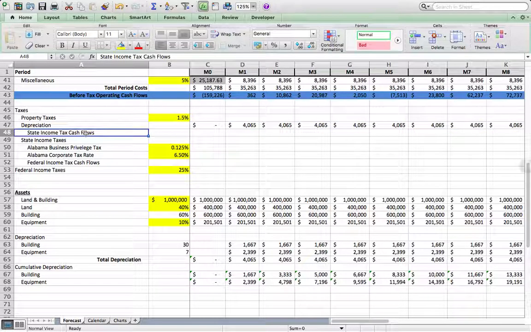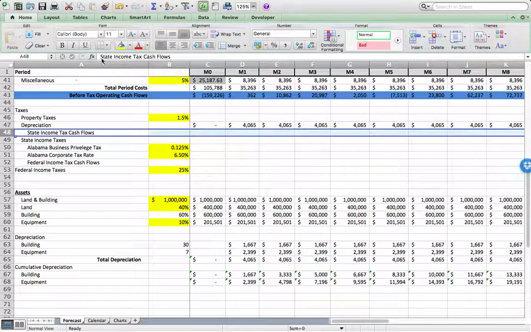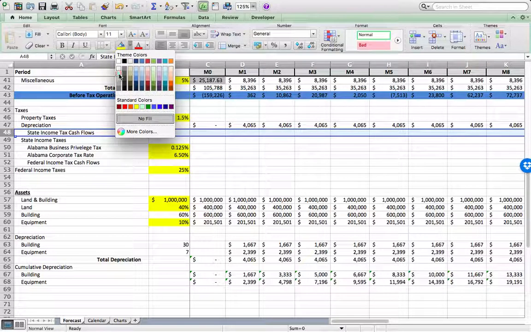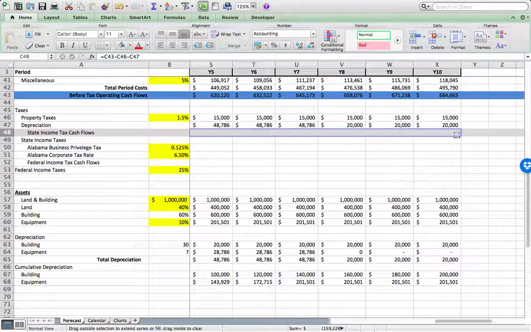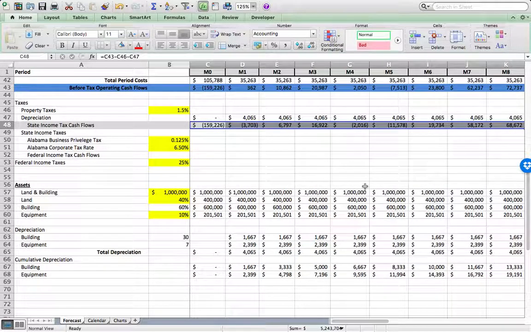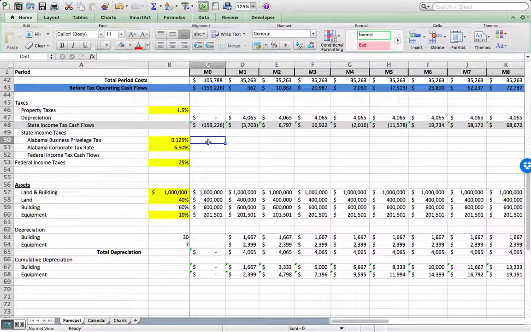And so when we go to figure out our state income tax cash flows, I'm going to just highlight that as a little light gray thing for us to pay attention to, right? What we're doing is we're going to take what our actual cash flows are, and we're going to subtract from that property taxes and depreciation, and that becomes the amount of value, if you will, that we have to pay state income tax on.